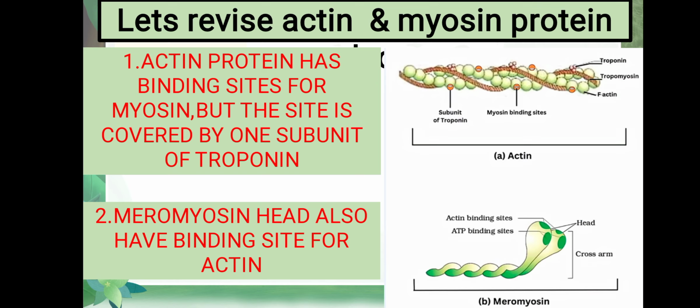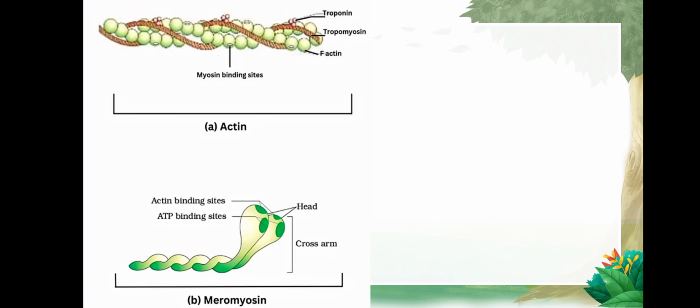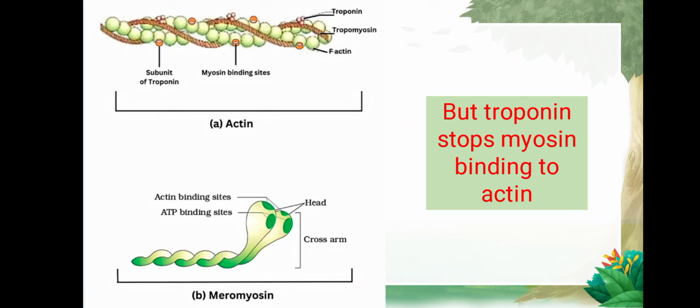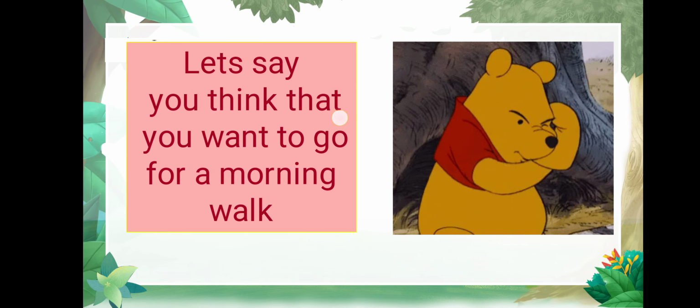You can see here the myosin binding site present on actin and the actin binding site present on myosin. Both are destined to meet and able to communicate in a proper environment. But the troponin stops myosin from binding to actin because it occupies the binding sites of myosin on the actin.